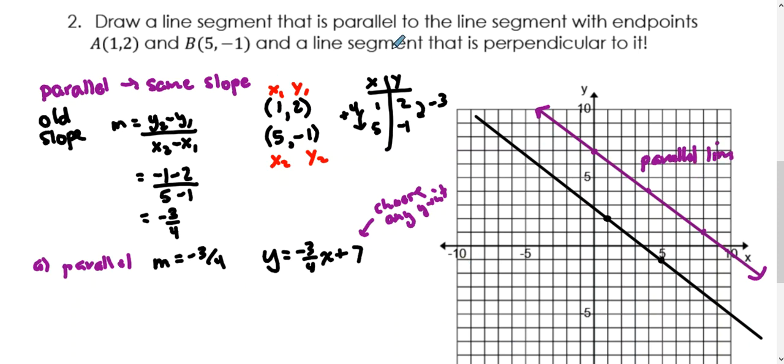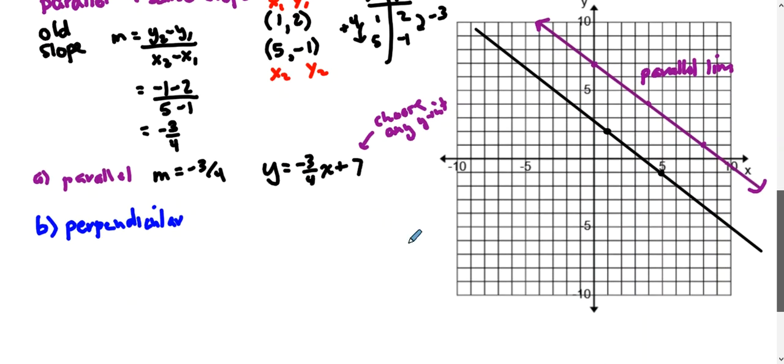Okay, well, perpendicular. The only thing crazy about this is I just need the slope. I just have to change it to the negative reciprocal.